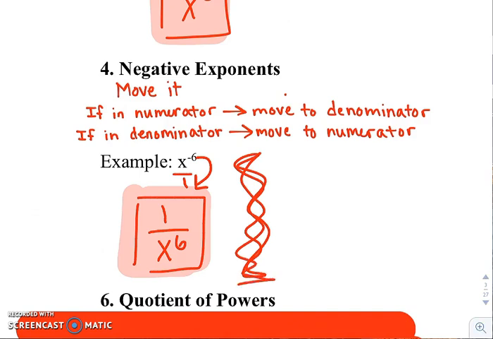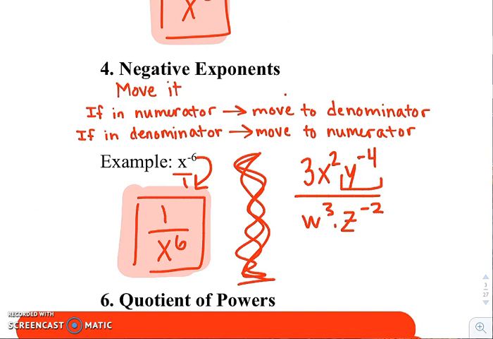So say you had 3x squared y to the negative 4th over w cubed z to the negative 2nd. Okay, we've got a y and a z with negative exponents. So we're not moving the whole top to the bottom or the whole bottom to the top. It's just the part with the negative power.